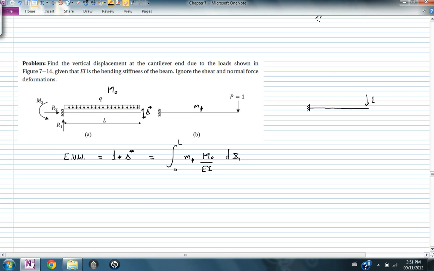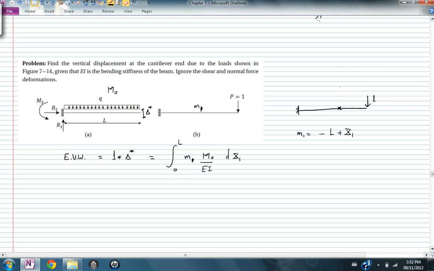When I put 1 here, m1 will be equal to negative L plus x1, because the moment is equal to x1 minus L. So if this is the beam and the applied load at the end, I'd like to find the moment here.